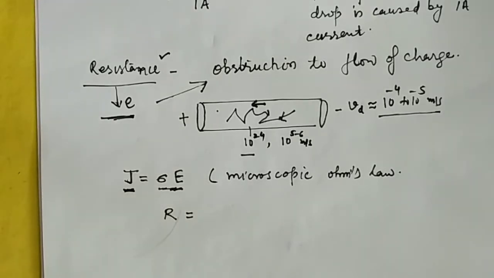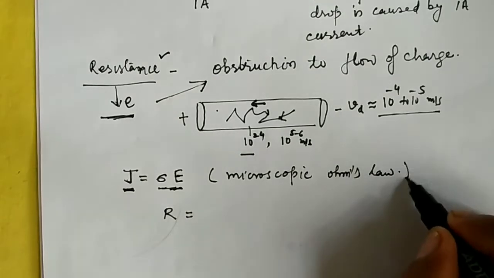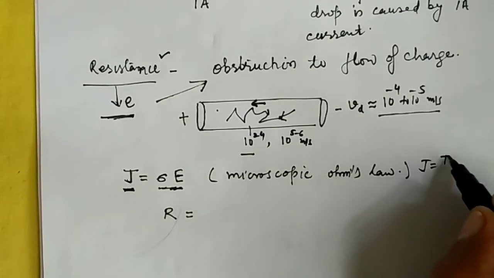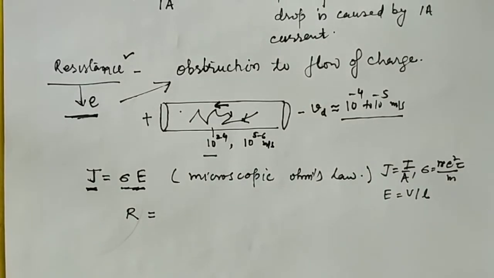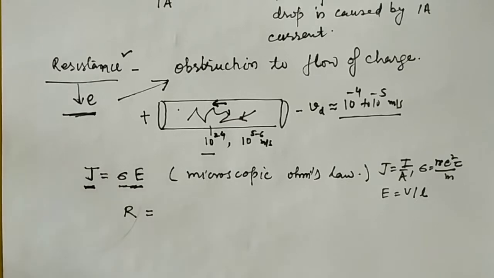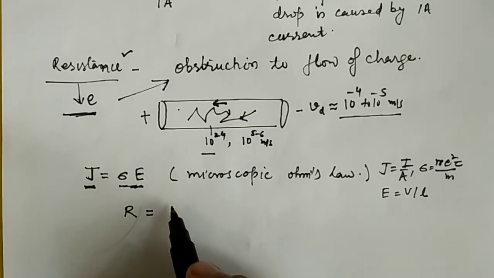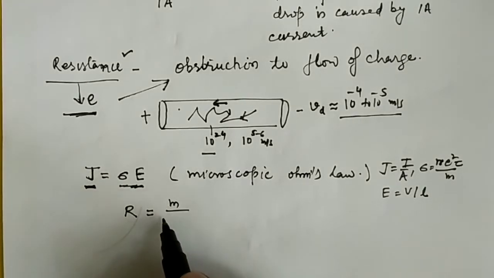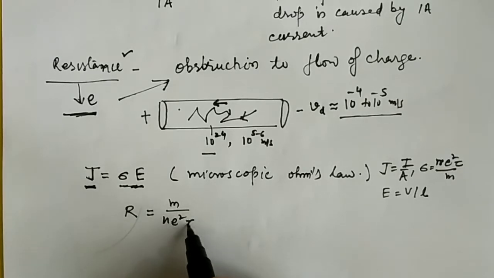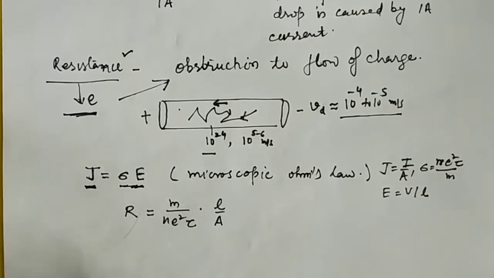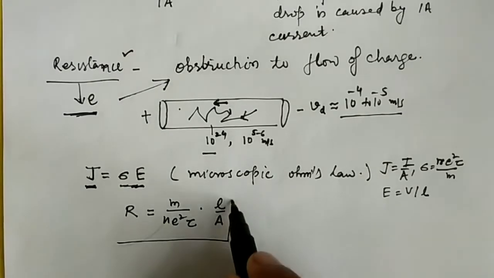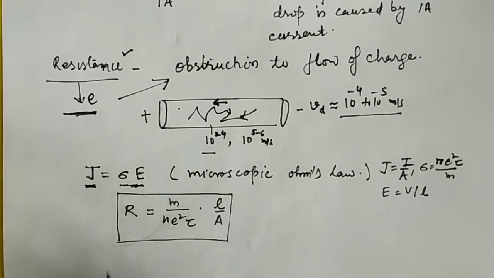R will be equal to, putting J as I by A, sigma as n e square tau divided by m, and electric field as V by L, m by n e square tau times L by A. So this is the value of the resistance.